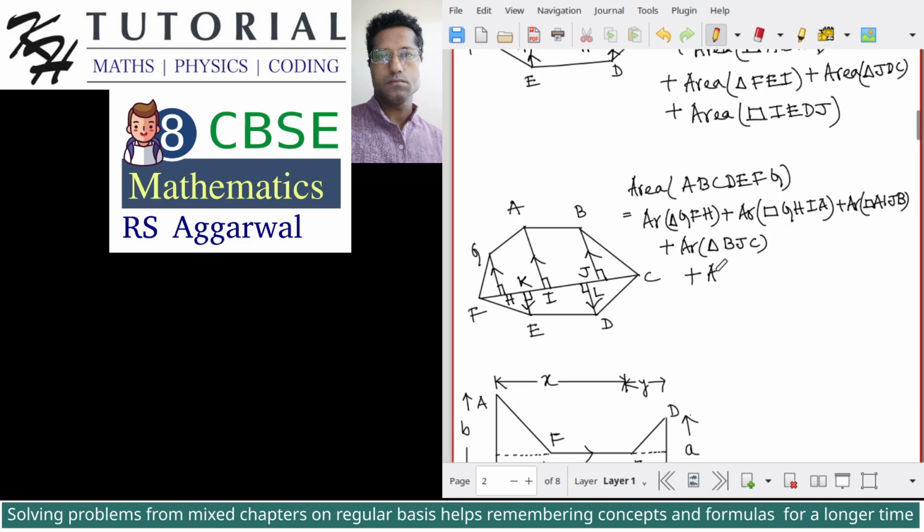Below the diagonal FC we will have area of triangle FEK plus area of the trapezium KEDJ, and finally the area of triangle JDC.